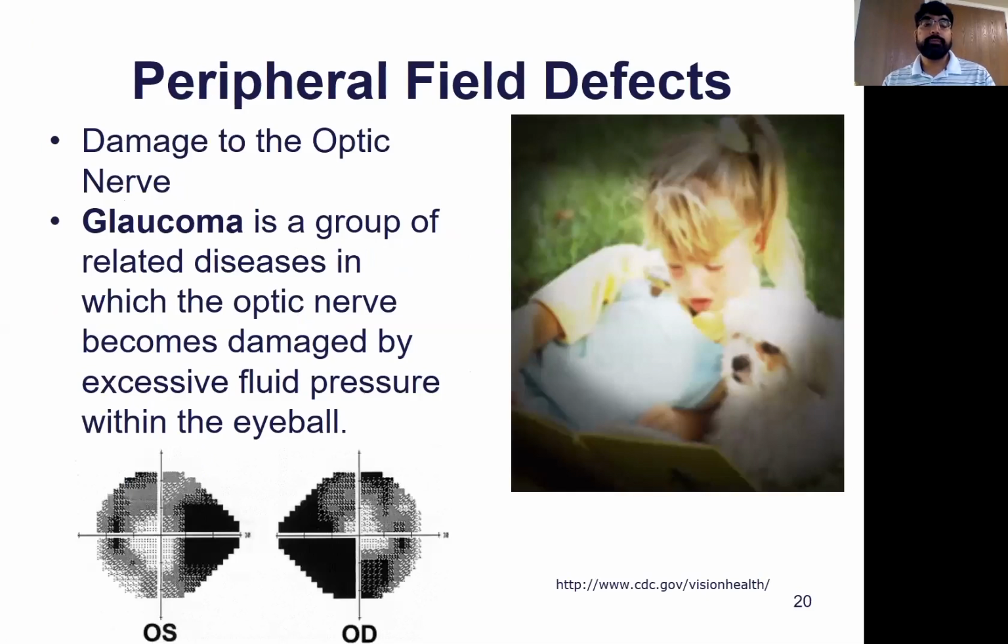The peripheral field defects are often caused by glaucoma, and glaucoma is progressive. It affects the peripheral visual field usually first, and then the central, but sometimes it can affect the paracentral visual field, and this is due to damage to the optic nerve, thought to be due to pressure in the eye that is higher than what the nerve can handle. So often it can be what's considered normal for somebody.